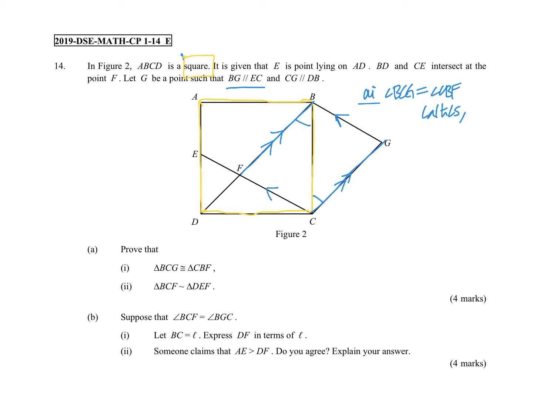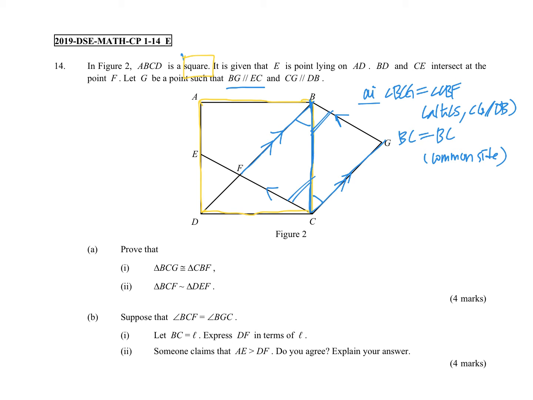That would be because BCG parallel to DB. And then I will write CB next, so that will be the common side. And then finally, this one.